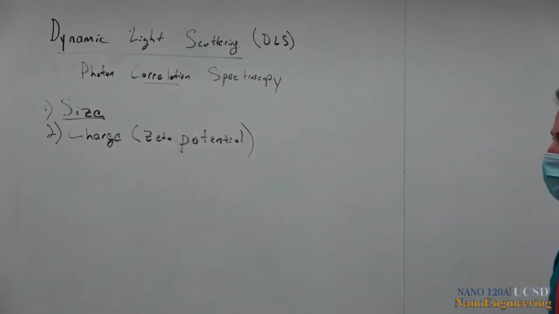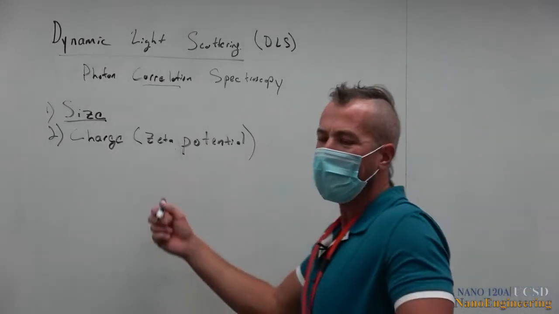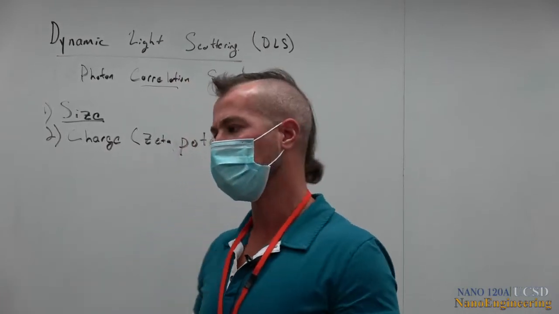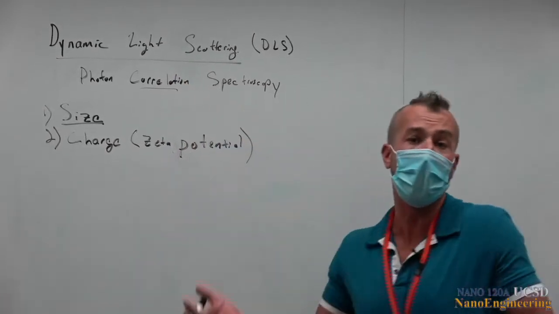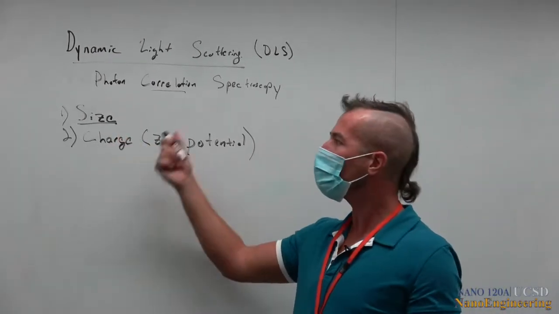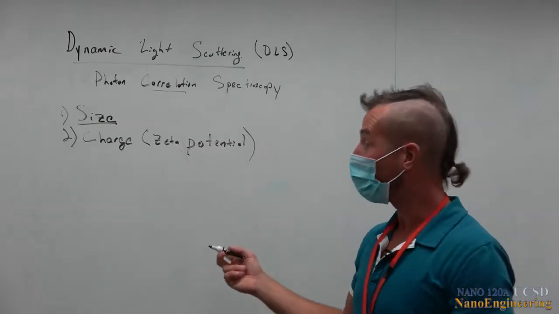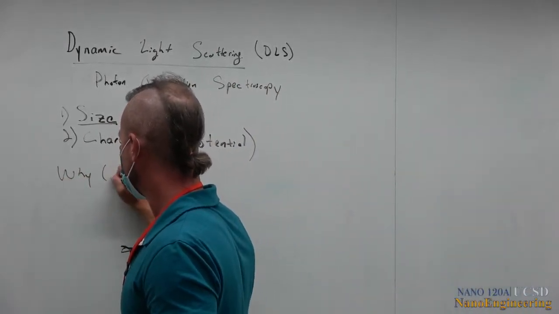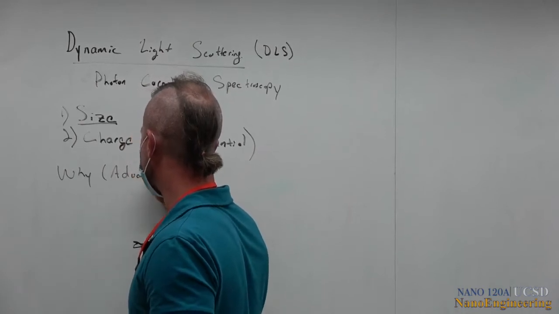Okay? So you might think, well, I can use electron microscopy, I can use AFM, there are lots of ways to get a nanoparticle size, right? So why would I want to use this technique? Well, the advantages.